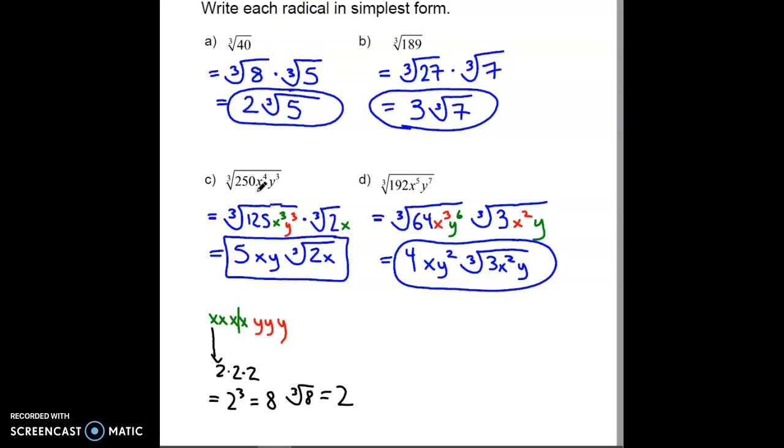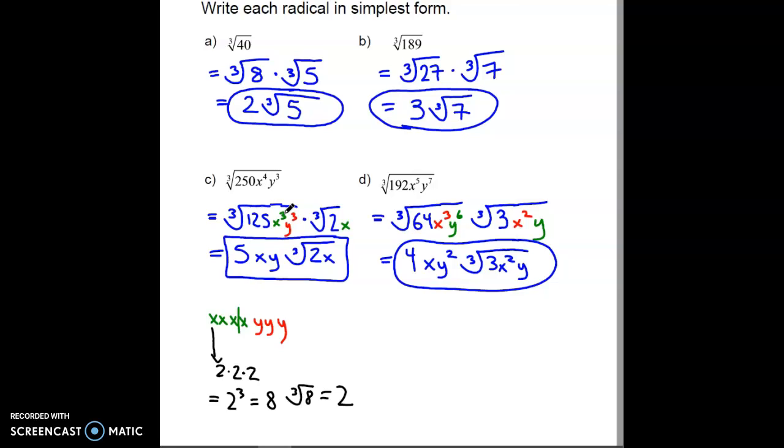Okay, so just like A, we're going to take 250 as the radicand, and we need to find two factors that multiply together to get 250. So on our perfect cube sheet, we would have seen that it's 125. Okay, then we're going to still look at the variables. So the next lowest multiple of 3 below x to the 4 is x to the 3, right?